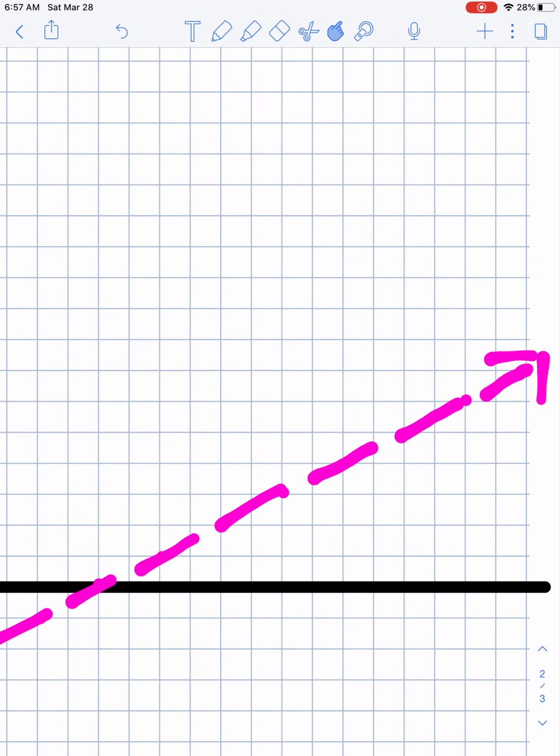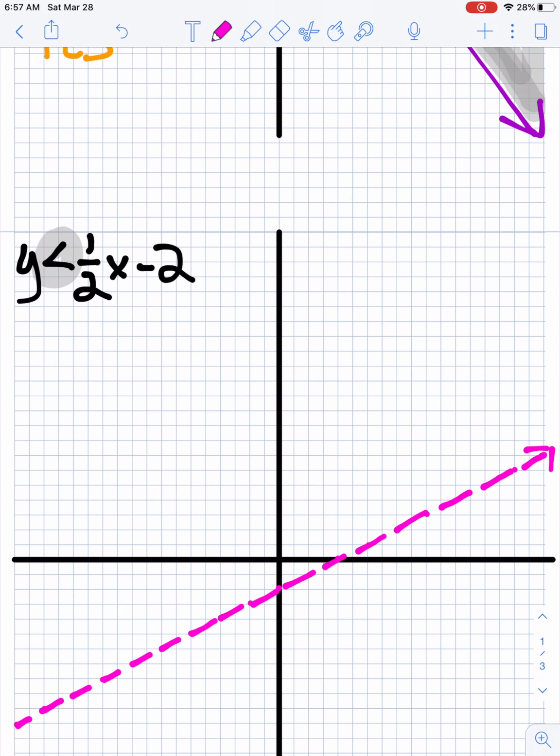It does get arrows on it because it will continue in both directions. Okay, from those points.